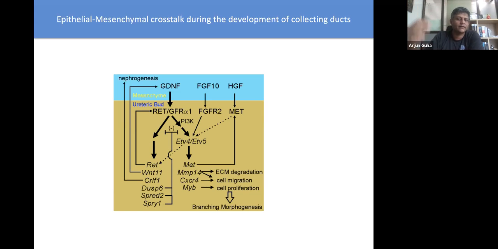But in addition to that, there is a secondary signaling pathway that can compensate, and that involves, again, FGF10 and FGFR2. Finally, downstream to these signaling pathways, in the kidney, there is Wnt11, which acts in a positive feedback loop to maintain GDNF expression. So this speaks to this concept of epithelial mesenchymal crosstalk being an important driver of kidney morphogenesis.